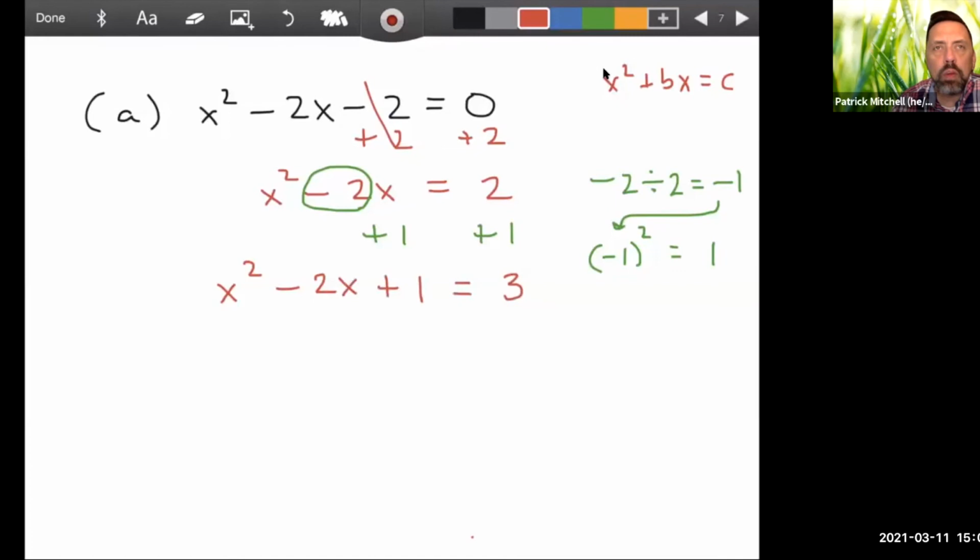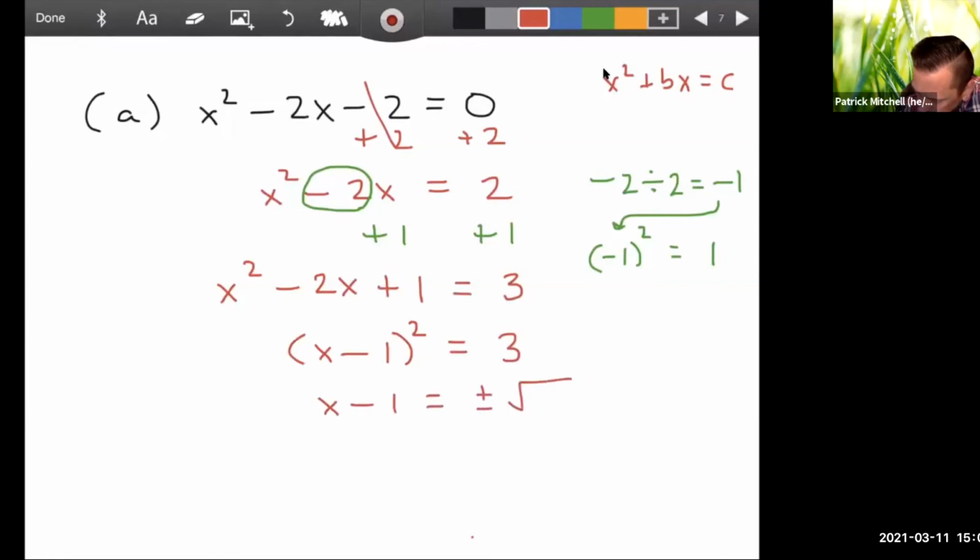All right, so when you factor x squared minus 2x plus 1, it factors as x minus 1 squared. Remember, you need that trinomial to be a perfect square trinomial. Now using the square root property, if the square of x minus 1 is 3, that means x minus 1 is either the positive or negative square root of 3.